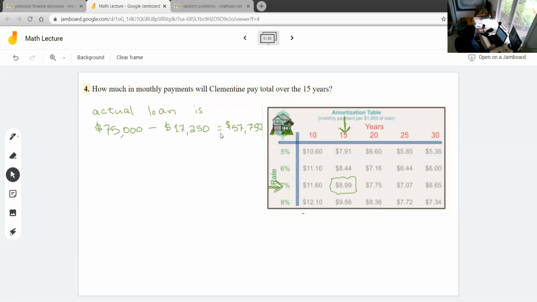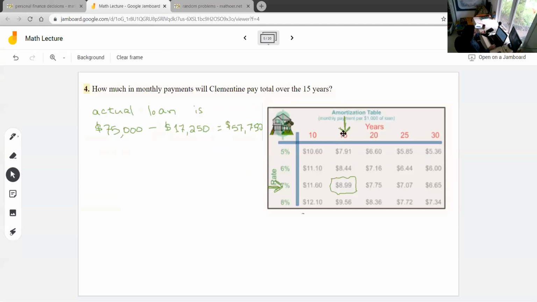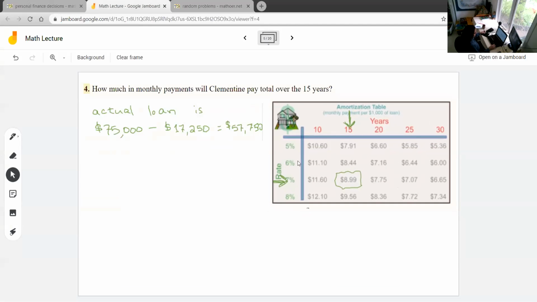So when you are doing your random problems and get to number 4, then jump back and say, I need to know first the payment for 15 years, 7%, and second, how big a loan she actually bought. Then I can put those together.